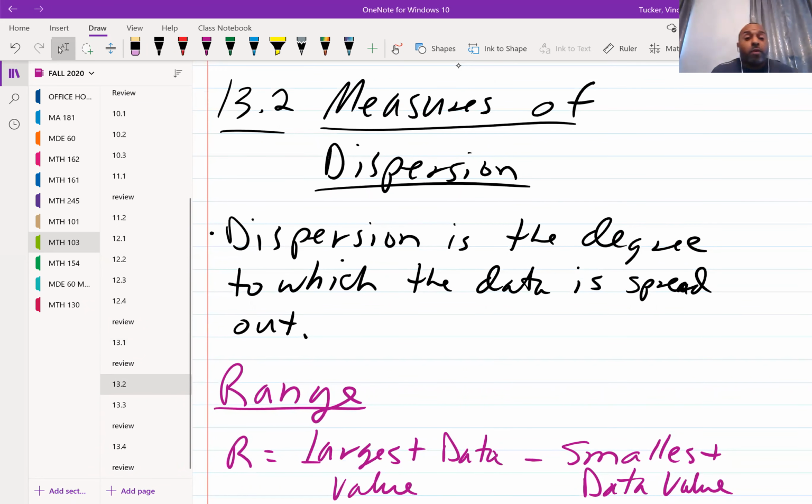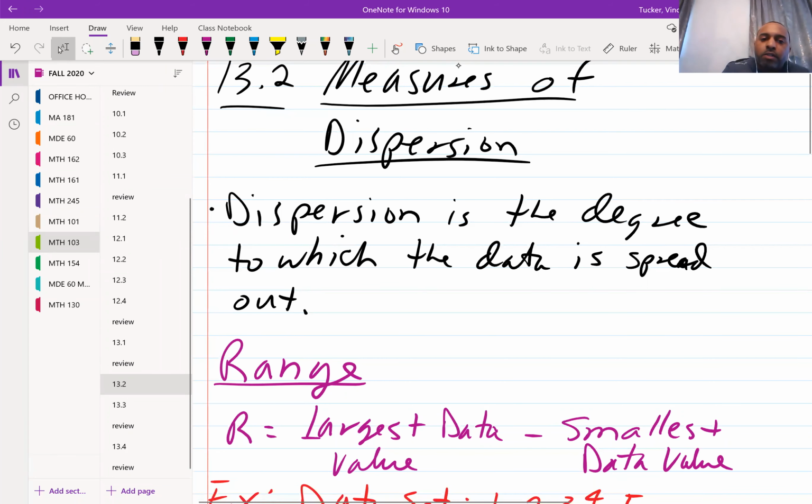All right, so 13.2 is measures of dispersion. And dispersion is the degree to which the data is spread out. Start off talking about the range.